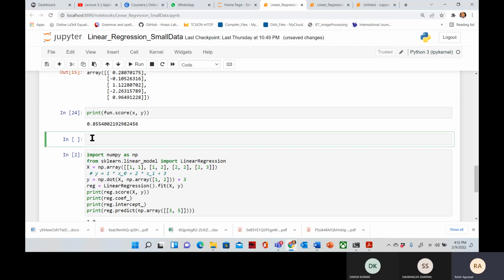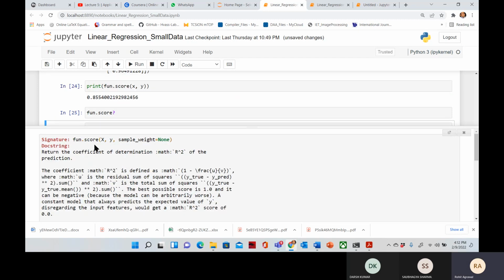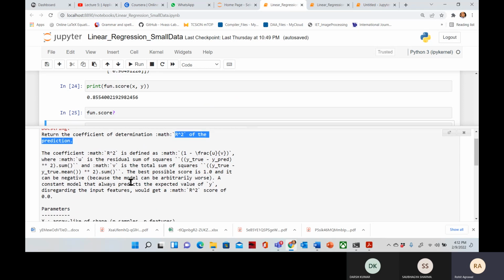I will show you a larger example which will show this. So fun dot score takes x and y and returns the coefficient of determination. It is just a score to measure the accuracy, one of the parameters.